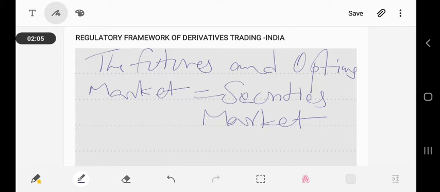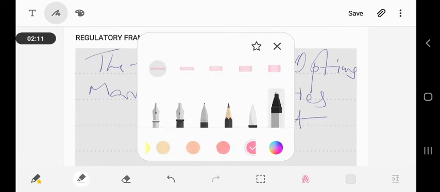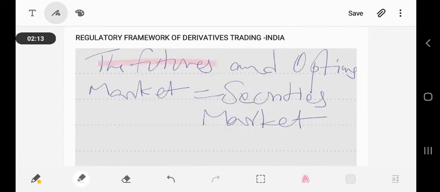It is essential for the economic growth and prosperity of an economy. That is, if one has to define the economic prosperity in that country, the futures and options market will also play one of the major roles, just like the securities market.